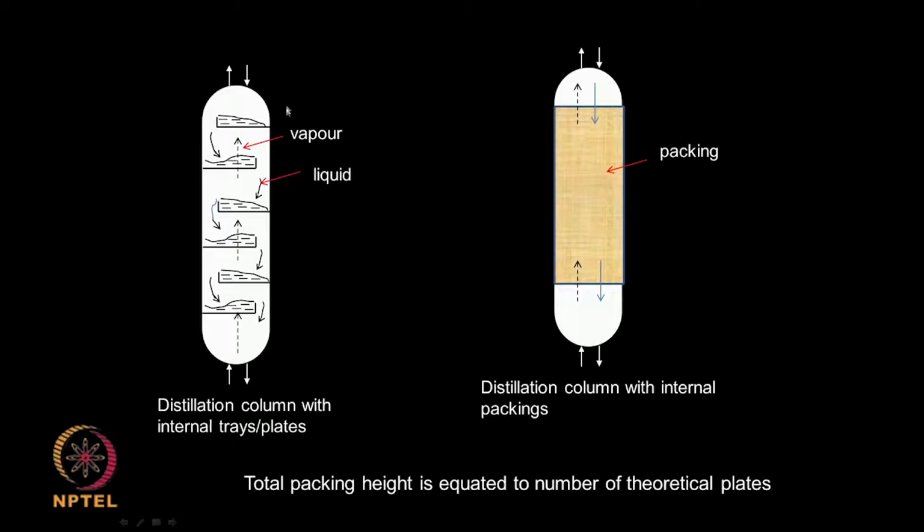If you look at the original distillation column in chemical engineering, distillation is used for separating liquids with different boiling points, or liquids which have different vapor pressures, right. Originally the distillation columns were tall columns with trays or plates inside.